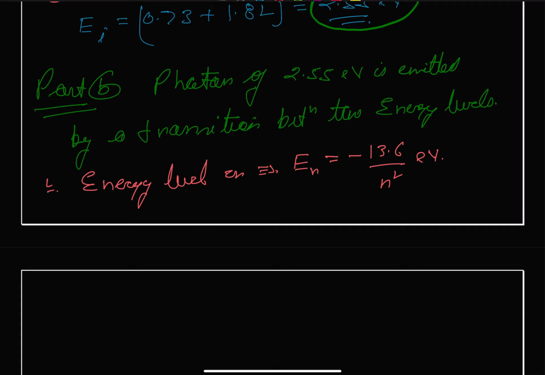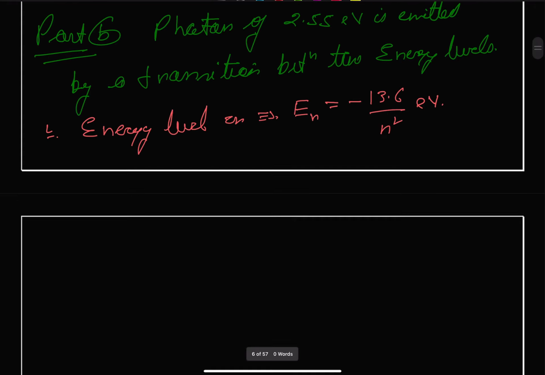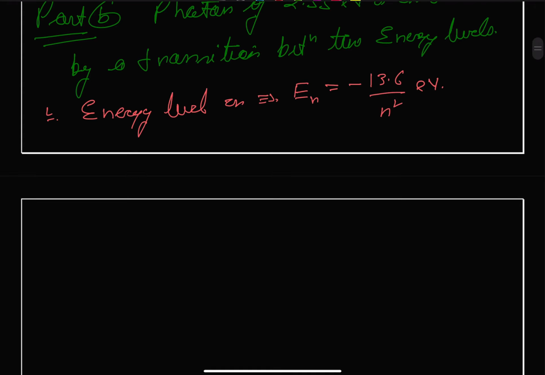So we are going to put various values of n. Let us put first value of n is 1, which gives us E1 equal to minus 13.6 upon 1, so minus 13.6.